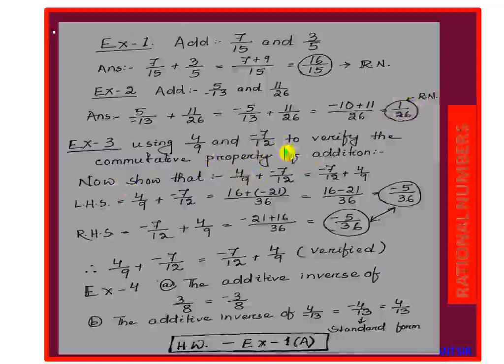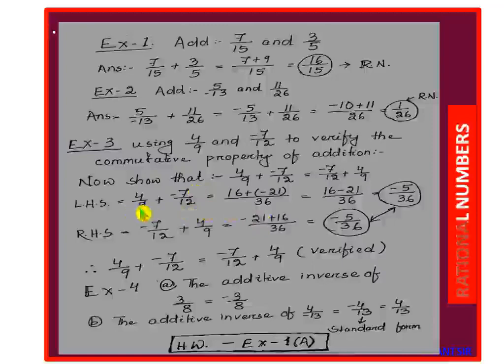Using 4 by 9 and minus 7 by 12, verify the commutative property of addition. What we know is a by b plus c by d equals c by d plus a by b. It is written that way only. 4 by 9 plus minus 7 by 12 equals minus 7 by 12 plus 4 by 9. This is the LHS side and this is the RHS side. Now LHS equals 4 by 9 plus minus 7 by 12.